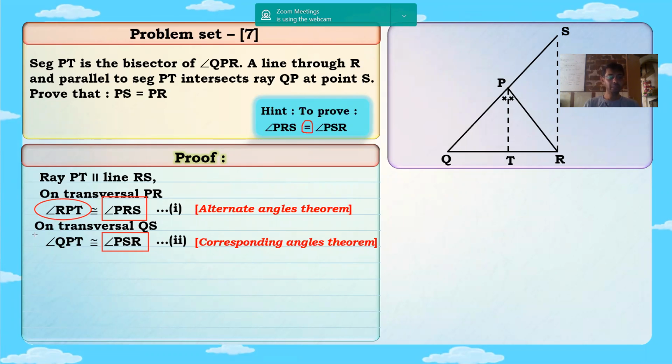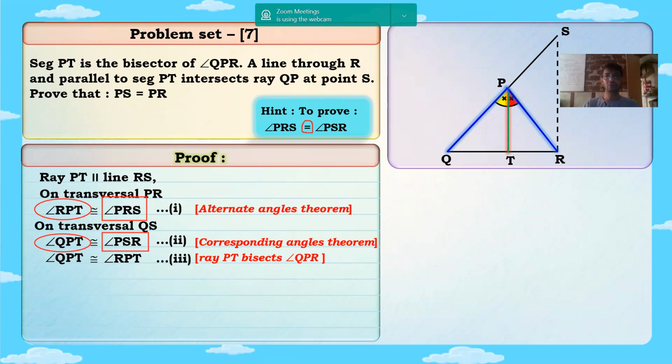So angle RPT and angle QPT, you have to look in the diagram to make these equal. Now look into the diagram. Already I have said that PT is the bisector of angle QPR, therefore angle QPT is congruent to angle RPT. Now I'll give this result number 3, and the reason behind this is nothing but ray PT is the bisector.